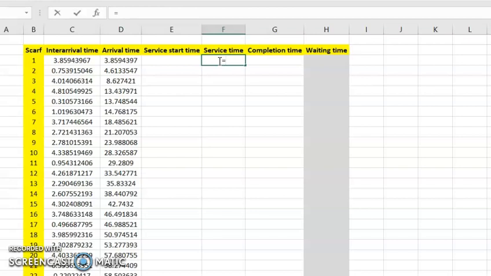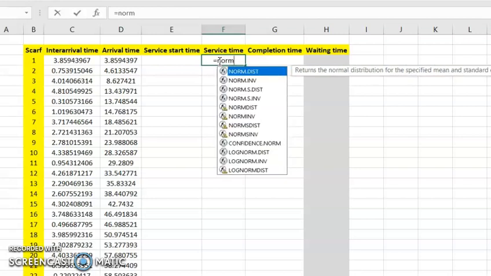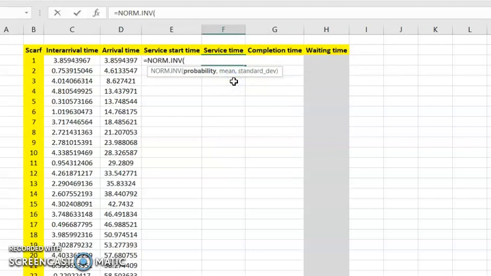You already know how to simulate normal distributions, and service time is normal, and you have the mean and the standard deviation. So of course, very easily you can simulate the service time for the 1000 scarves that we have here. It's going to be NORM, the help pops up, and I'm going to click on NORM.INV for the probability.